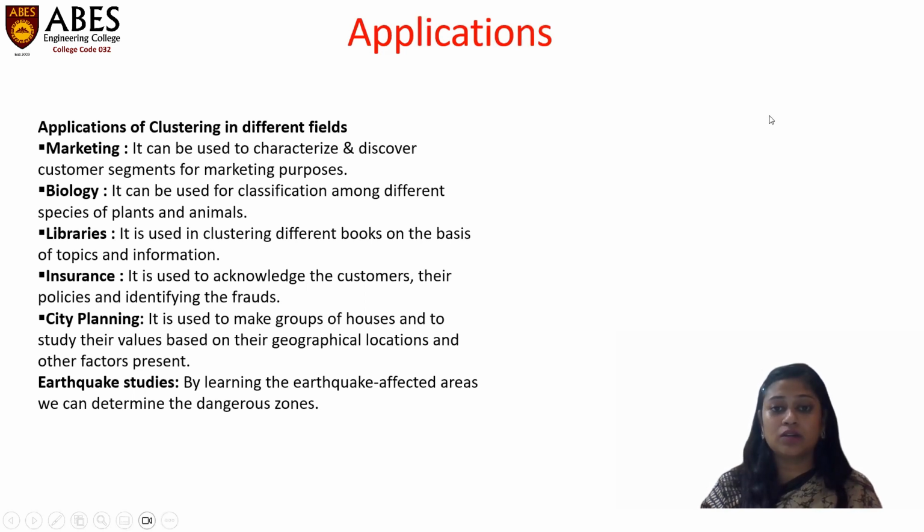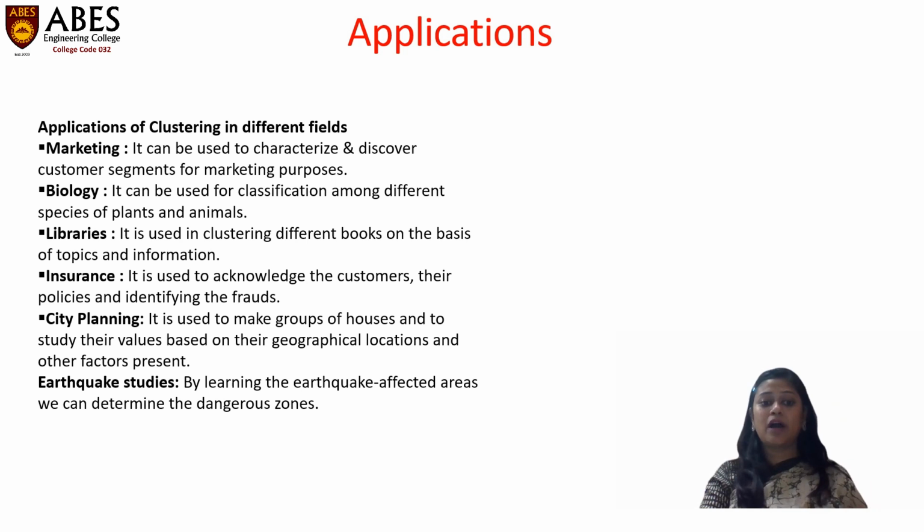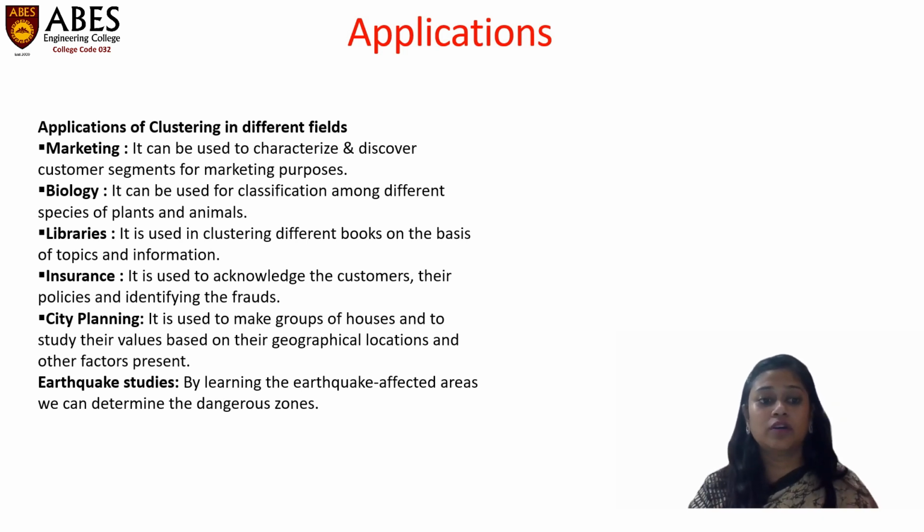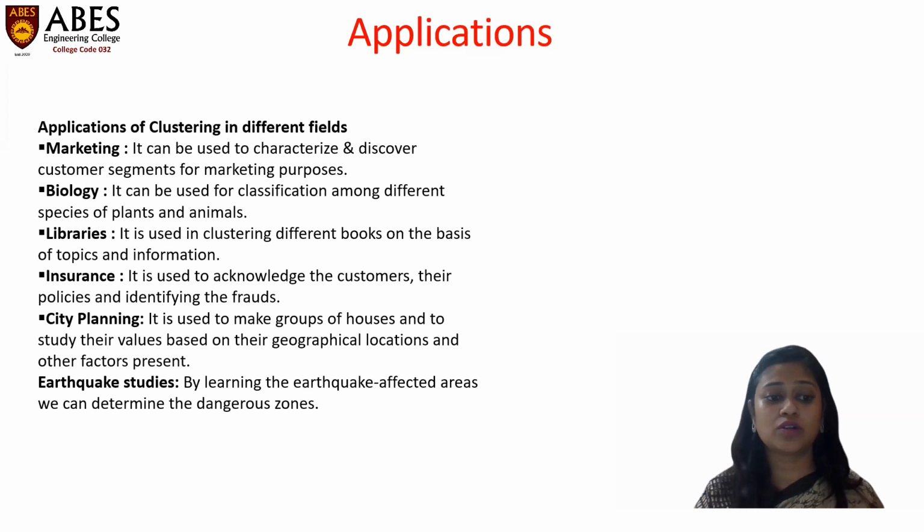Applications of unsupervised learning are, in marketing, discovering the patterns and behavior of customer segments for marketing purposes. In biology, you classify among species, plants and animals. In libraries, identifying different books on the basis of topics and information.